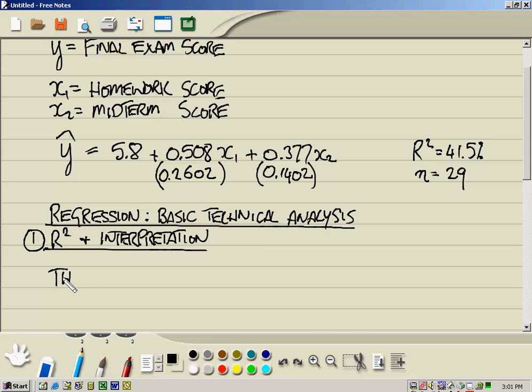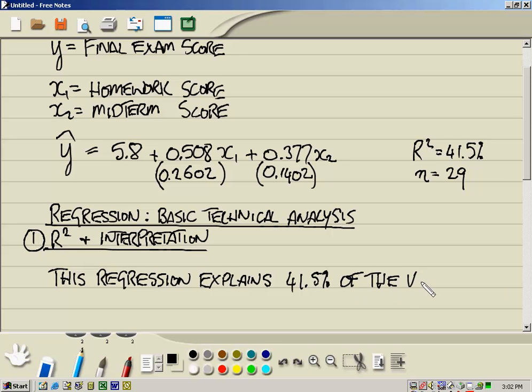This regression, that means the equation that we have above, y hat equals 5.8 plus 0.508 x1 plus 0.377 x2, that exact regression equation explains 41.5% of the variance in the y variable.